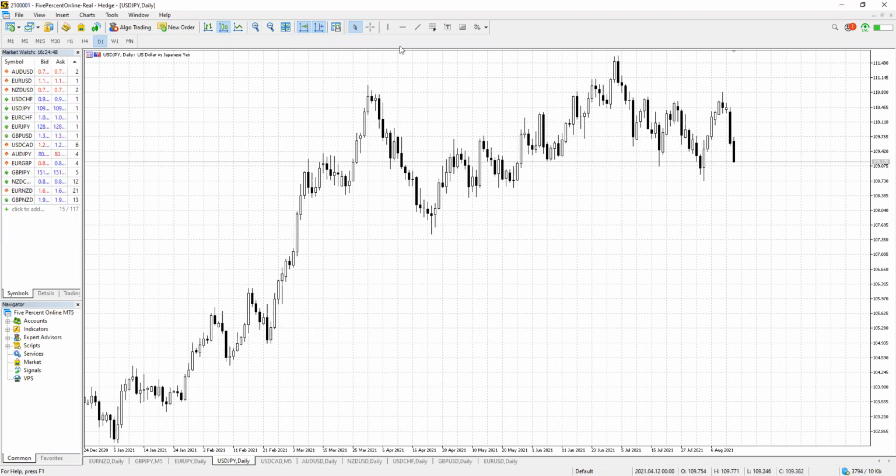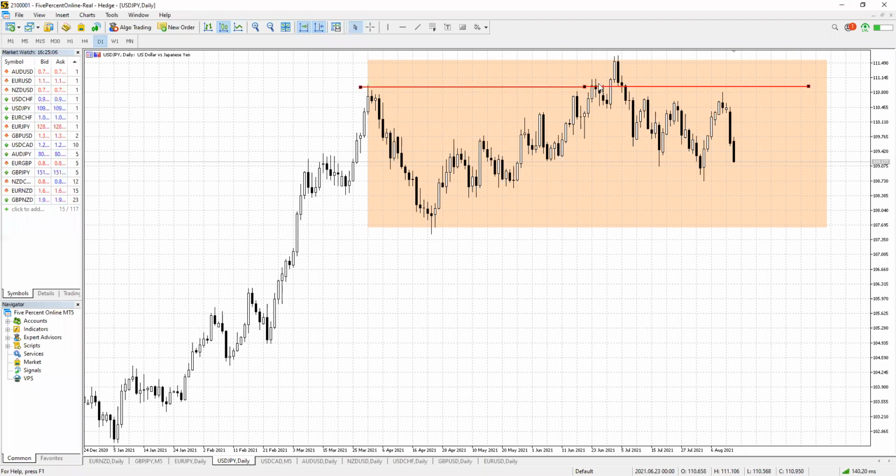Dollar yen, again, you can see the range. There's really no trend for the last months already. We had this attempt to break up that failed, and since then we have just been moving up and down, up and down.